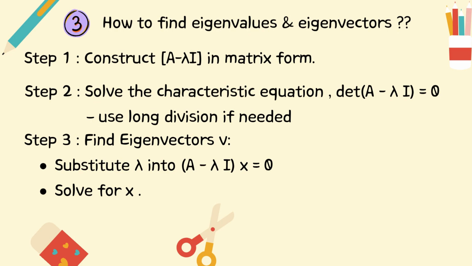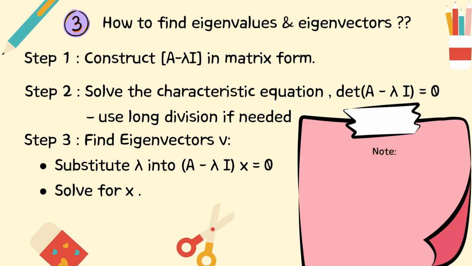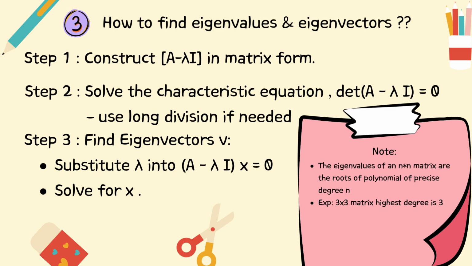Before we move on, here is something important to take note of, especially when you are dealing with different matrix sizes. If the matrix is of size n times n, then you will always have n eigenvalues. For example, a 3 by 3 matrix will have 3 eigenvalues, and a 2 by 2 matrix will have 2. These eigenvalues might not always be distinct.